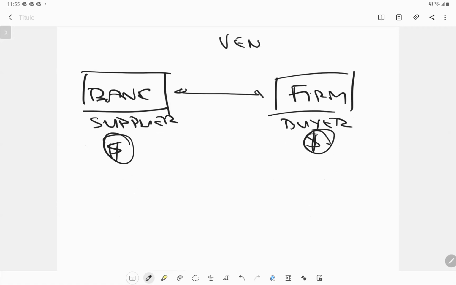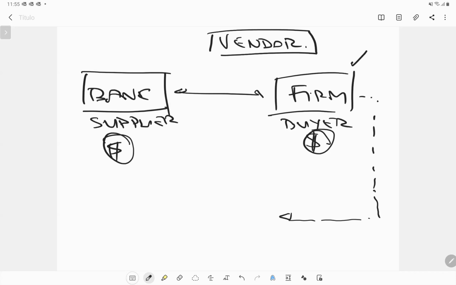Let's focus on vendor. What is vendor? Vendor is one financing structure in which the anchor firm, which is this one. What is the concept of anchor firm? Empresa âncora.